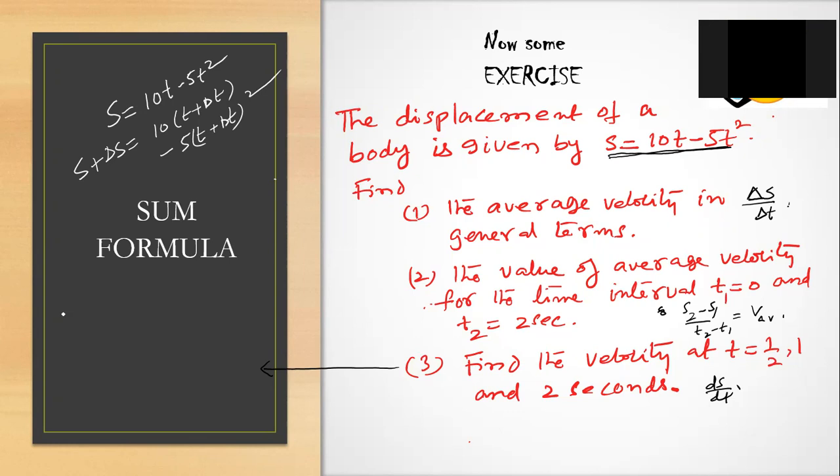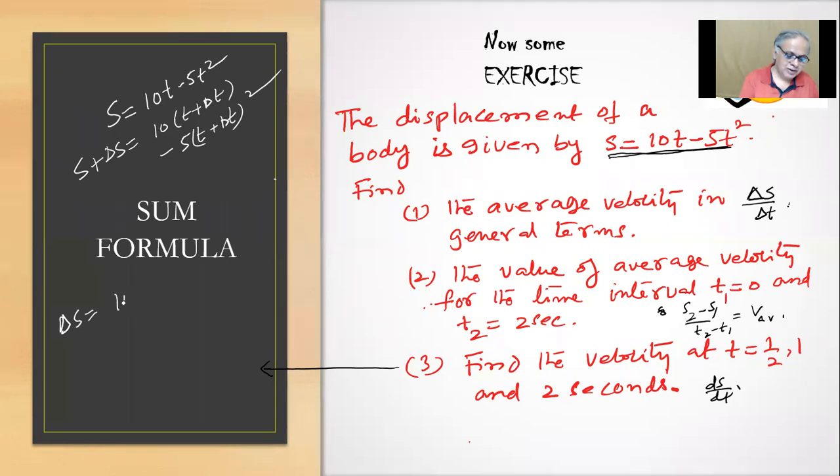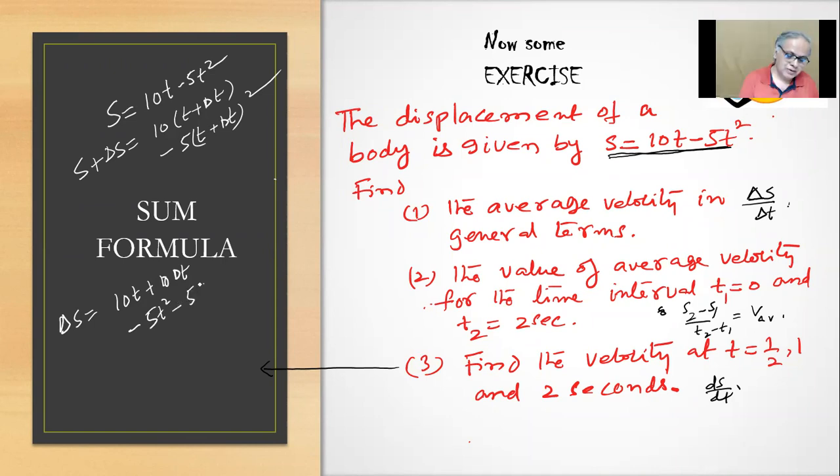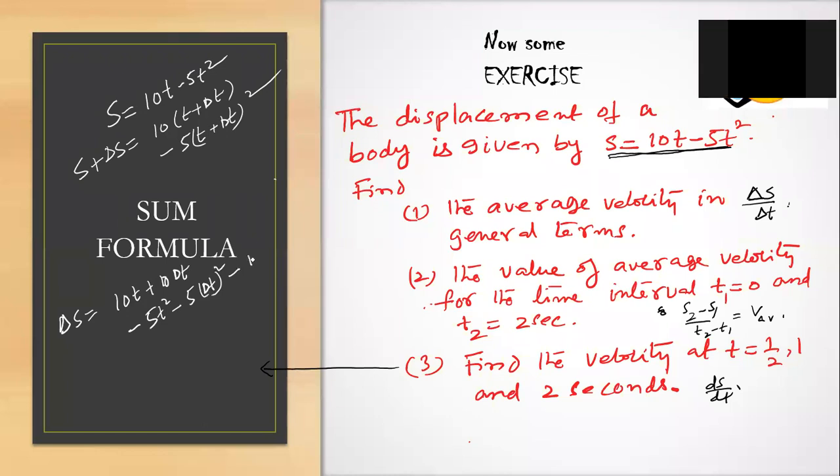So now delta S, I'll just simplify it because there's no space left. 10t plus 10 delta t minus 5t square minus 5 delta t square minus 10 delta t t, isn't it?